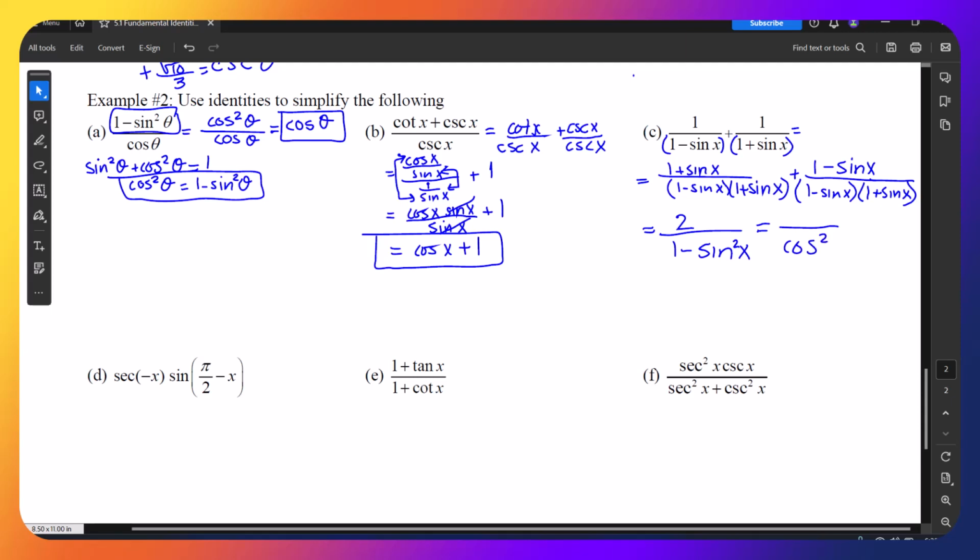Okay, this is the Pythagorean identity. And then I can go ahead and simplify this fraction a little bit. Since cosine is the reciprocal of secant, I can rewrite this as 2 secant squared of x. And this would be the final answer.